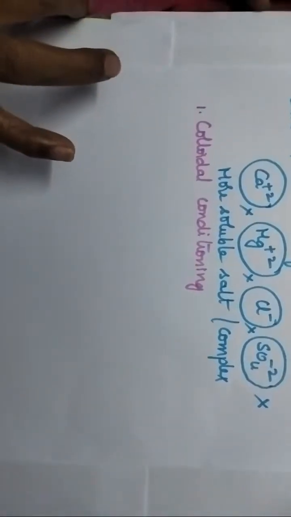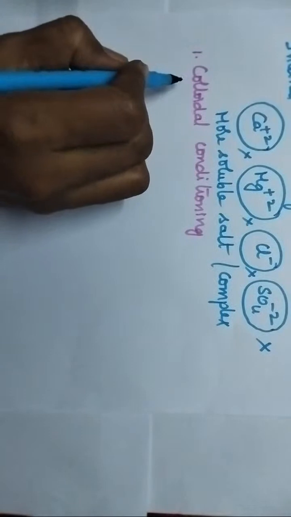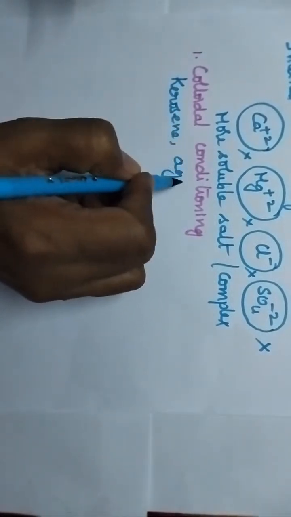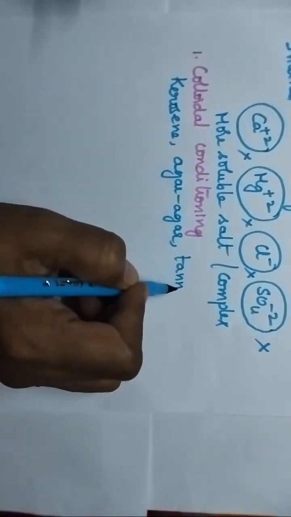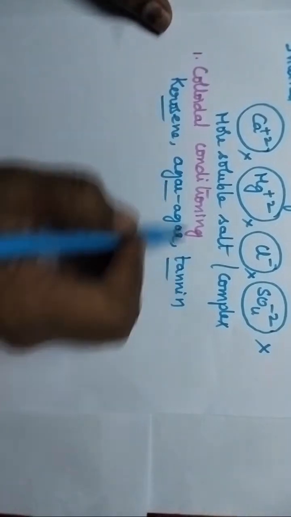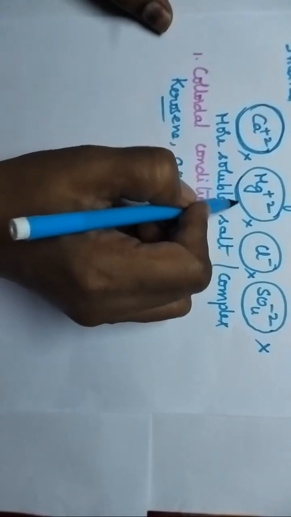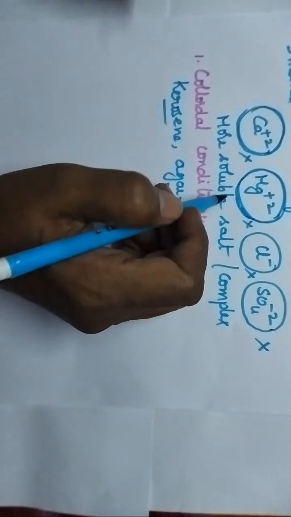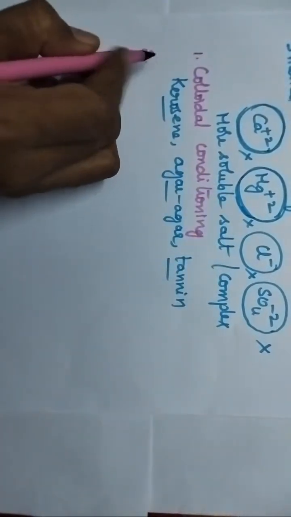Coming to the colloidal conditioning, here especially water is treated with kerosene or agar agar or with tannin. Then these chemicals will form a coat on hardness producing salts, and thus they will be prohibited to exhibit their original character. In that way, the permanent hardness will be removed.